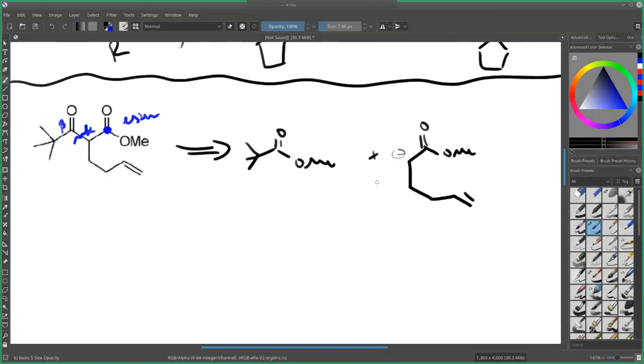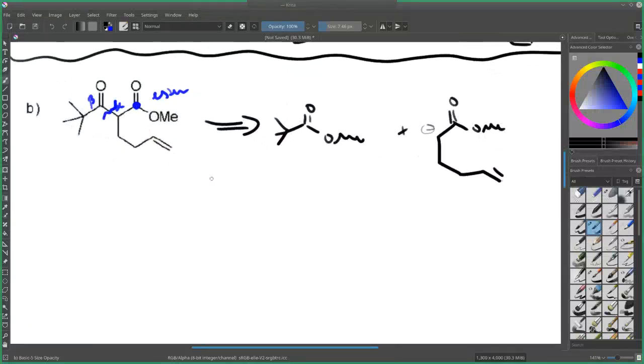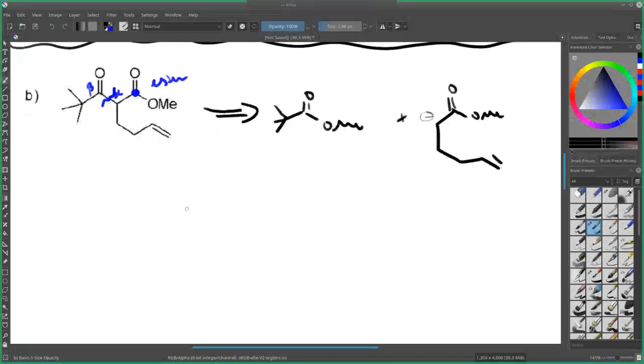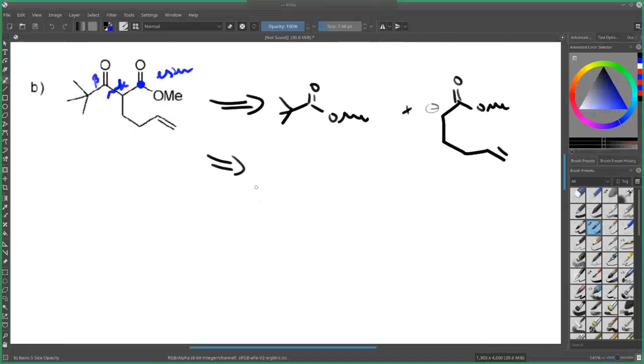All right, great. There you go. That's it. This trick of cleaving the alpha beta bond is the most effective way of doing these problems.